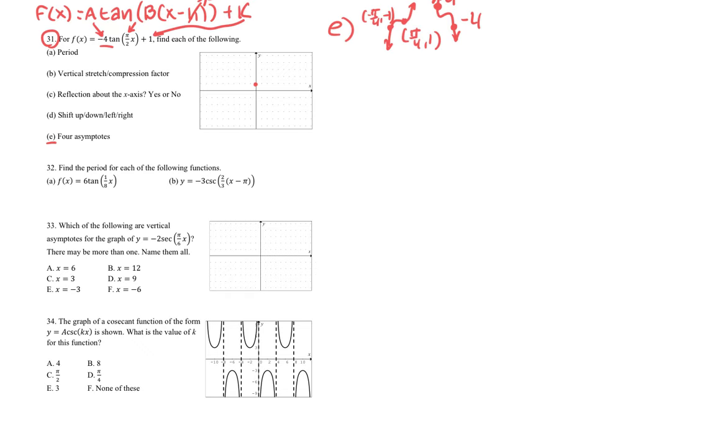So we would still have pi over 4, except we also have a horizontal stretch here. Remember how we have our pi over 2, or our b value, in front of the x. That's going to stretch our graph. Fortunately for us, we found the period earlier, and we found that our period was 2.